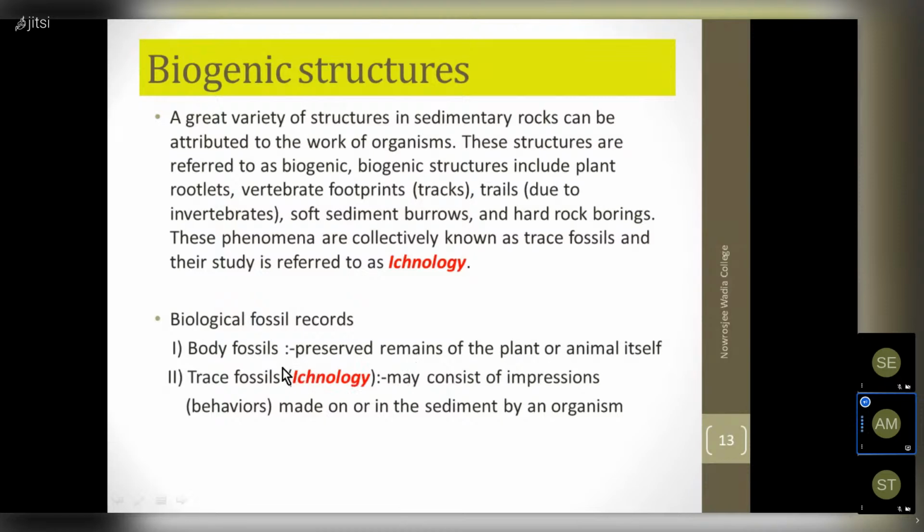Well, as we can see here, body fossils are nothing but preserved remains of the plant or animal itself, while the trace fossils, or we can say ichnology, may consist of impressions, which are behaviors made on or in the sediment by an organism.